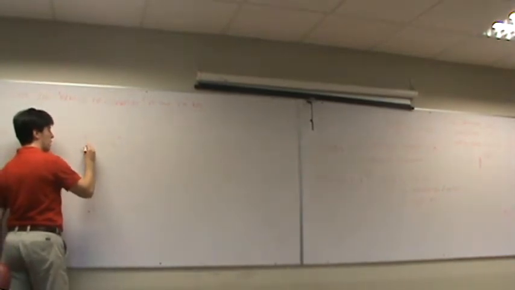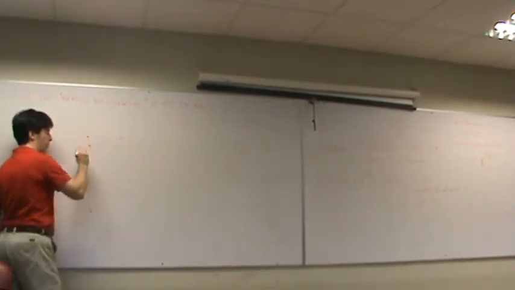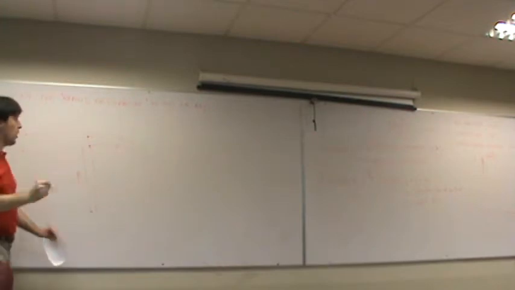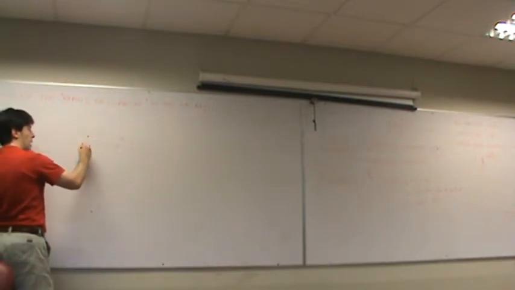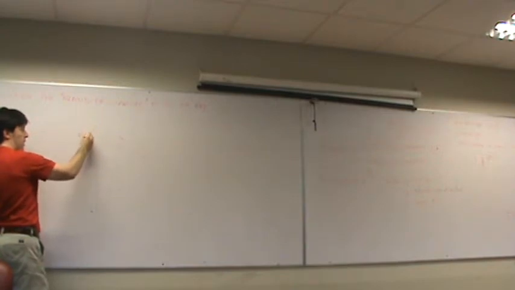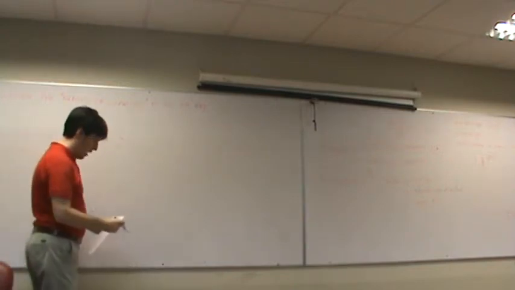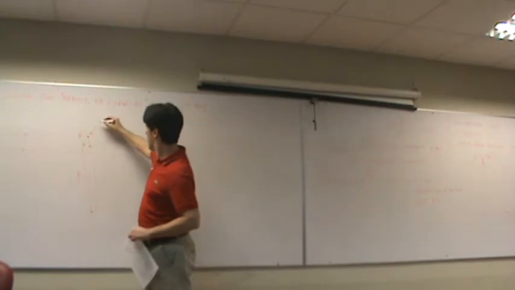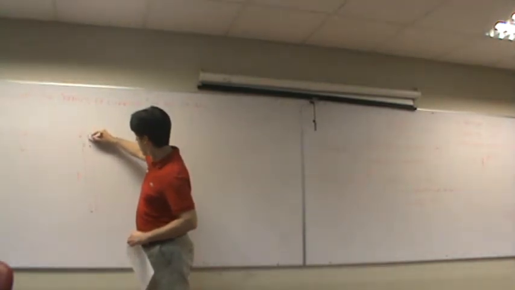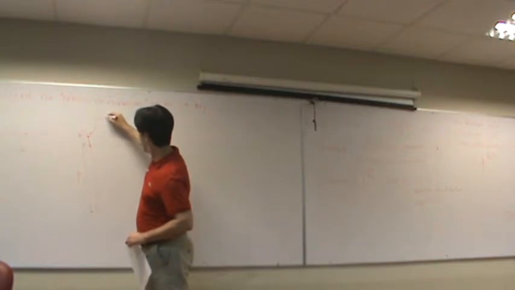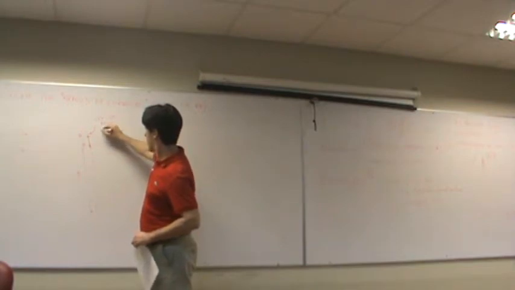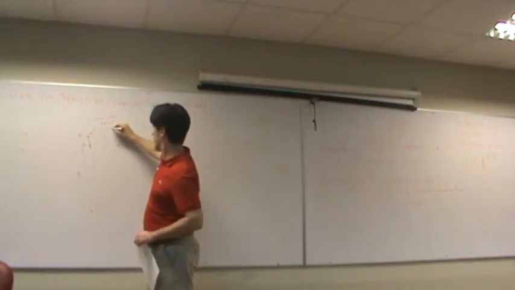Okay, so let's call this point here point A, and point A first. This is a constant phase surface or plane.